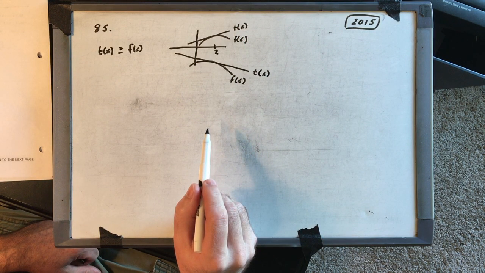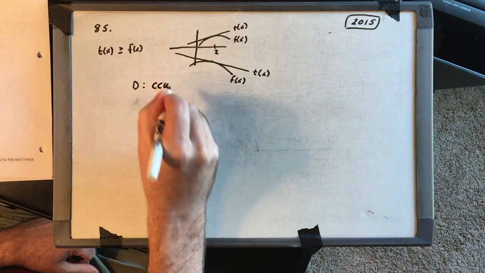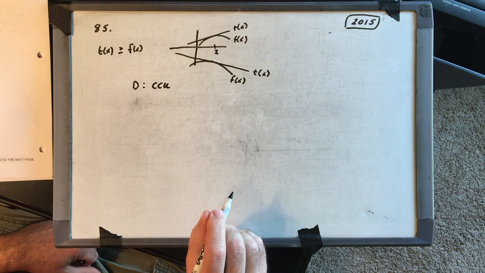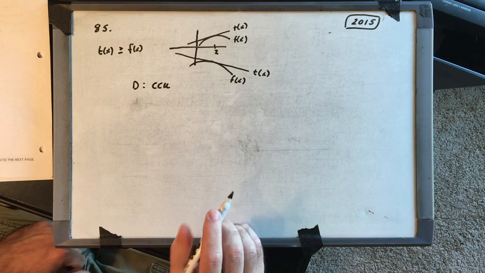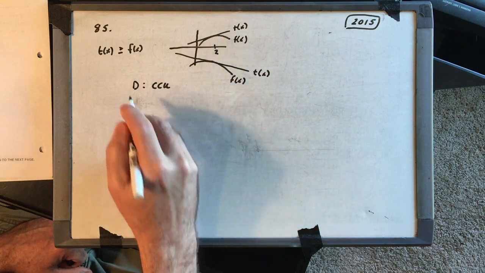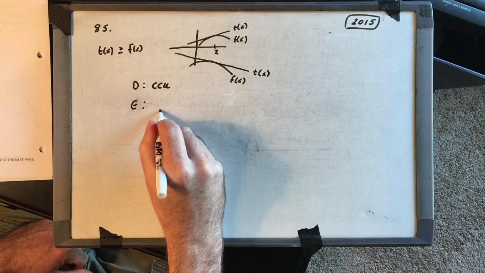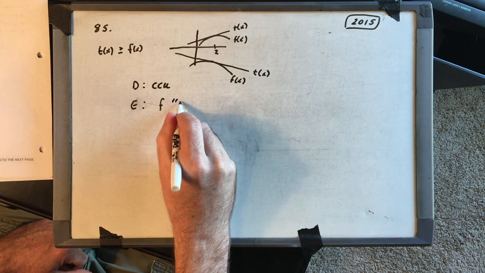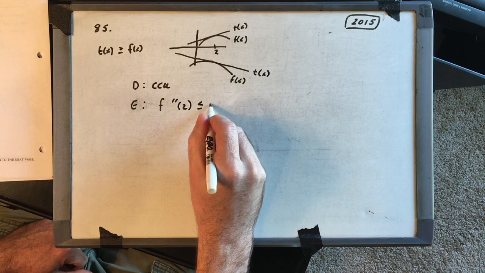D, f double prime of 2 is greater than 0. What D would mean is concave up. If the second derivative is greater than 0, that means it's concave up. And both of these examples that I did are concave down. And so E's selection, f double prime at 2 has to be less than or equal to 0.